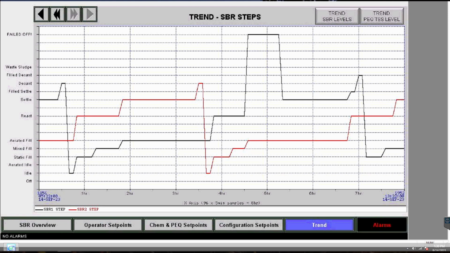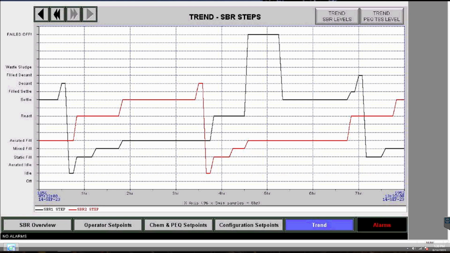The way it does that is, if my time to top water level is less than my settle set point plus my settle safety set point, I'll kick a tank out of aeration, even though it may not have reached its aeration time. It does that to give that tank enough time to get through settle, get through decant, and be in idle, ready to take fill before the tank that's in fill hits top water level.